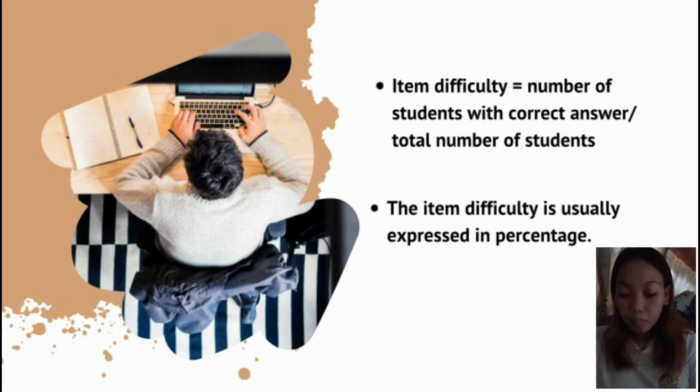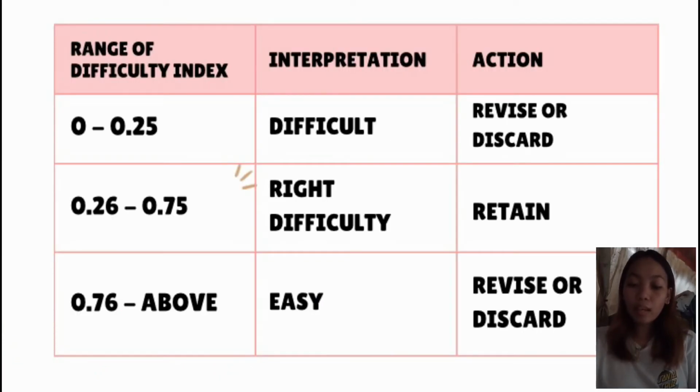Example, the index of discrimination of an item: the upper 25% of the class had a difficulty index of 0.60, meaning the upper 25% got the correct answer, while the lower 25% of the class had a difficulty index of 0.20, and the range of difficulty index is 0.25.